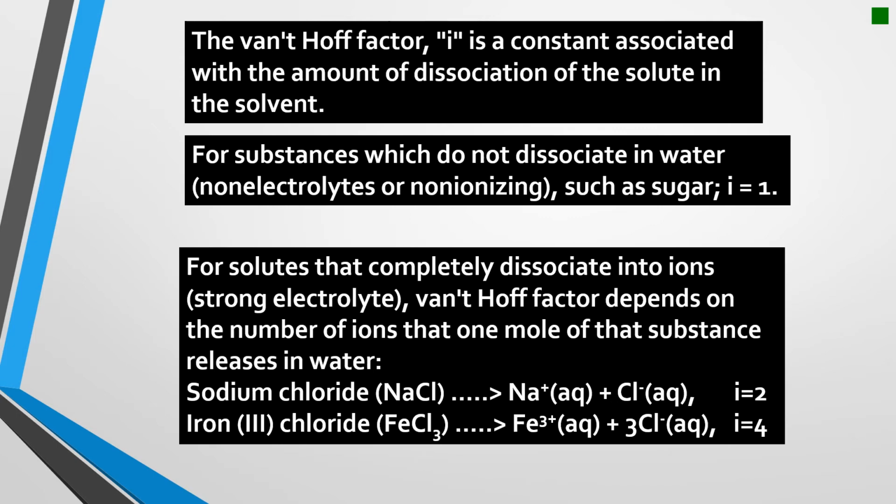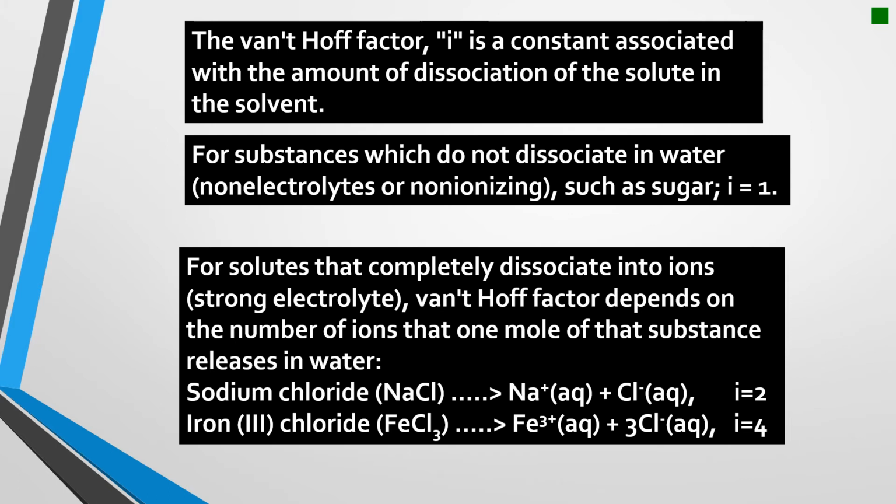When it's put in water, it dissociates into 2 ions, sodium ion and chloride ion. So if you count the number of particles released by 1 mole of the compound, it is 2. Now the Van 't Hoff factor is equal to 2 for sodium chloride.